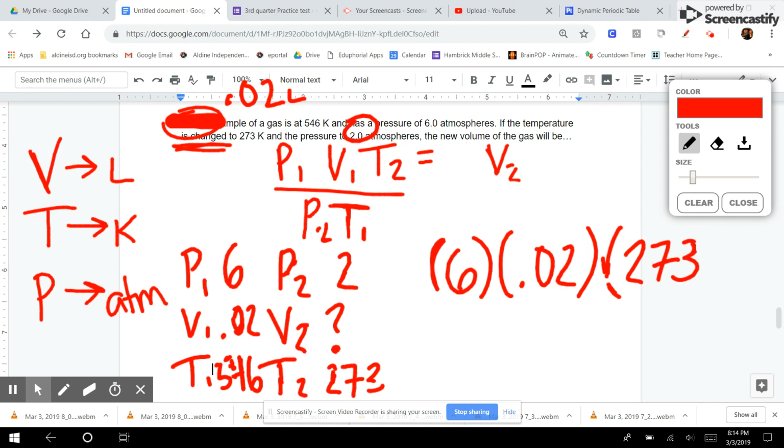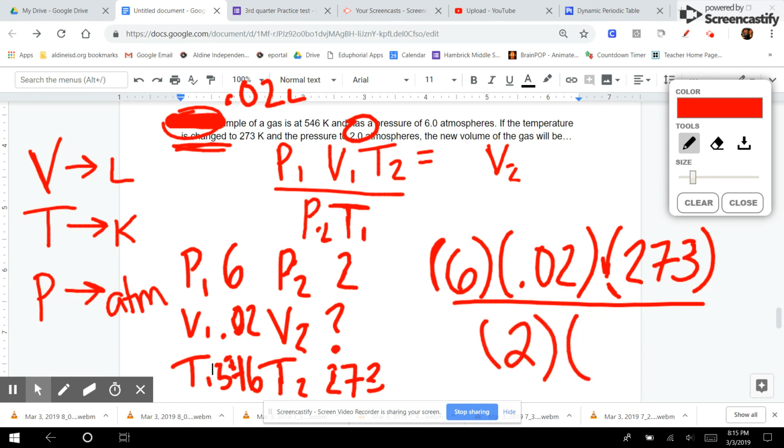I've seen a lot of mistakes with people putting temperature in the wrong place. This was T2, right? So I had to put 273 because T1 is going on the bottom. P2 was 2, T1 was 546.